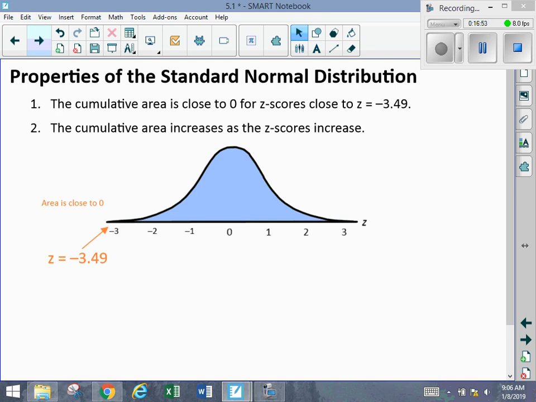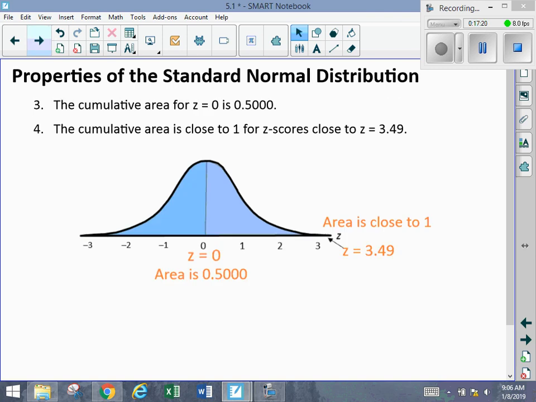But you're going to have an area close to 0 for extreme values. Like at -3 or a positive 3, we're going to wind up with a very low area, right? And the same is going to be true for these higher values.